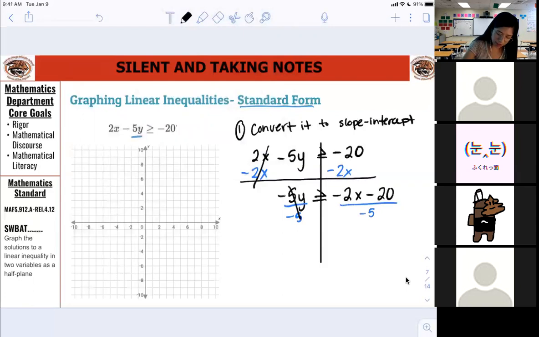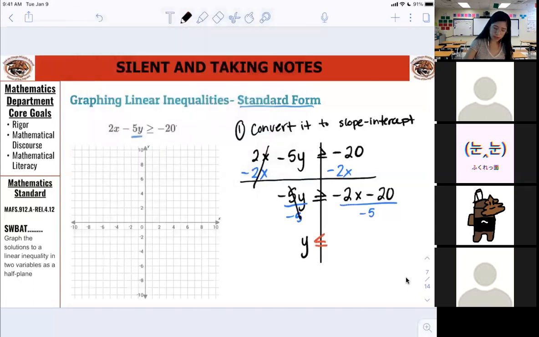Exactly. Because I'm dividing by a negative. Since I'm dividing by a negative number and you have an inequality, that should ring all the bells, okay? That tells me that I need to flip my sign. So I went from being greater than or equal to being less than or equal to.